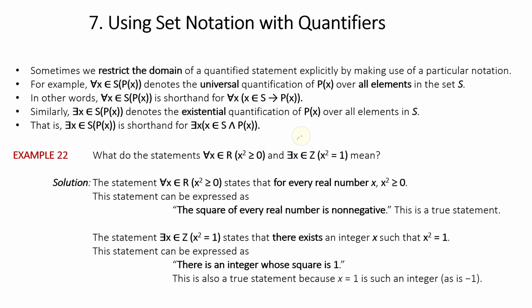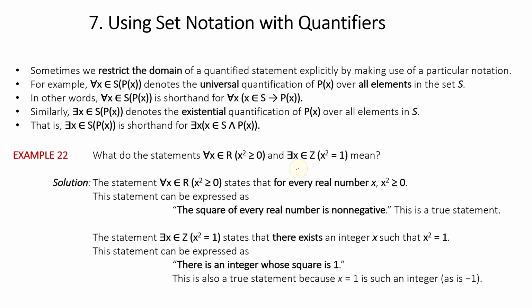A real number can be either positive or negative. If it's negative, squared it will become positive. If it's positive, it's obviously going to stay positive. And if it was 0, it will be equal to 0. That's why we have this 0 here. This is a true statement that says for every real number, x squared is non-negative.